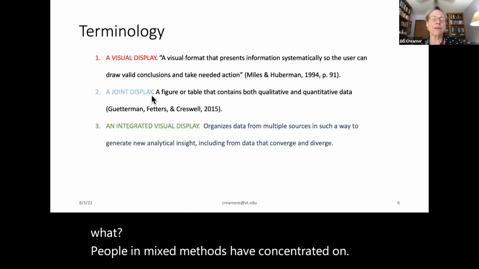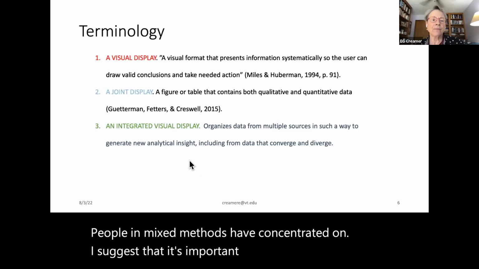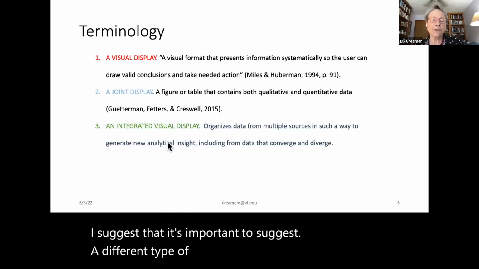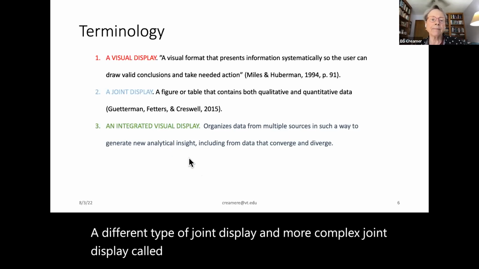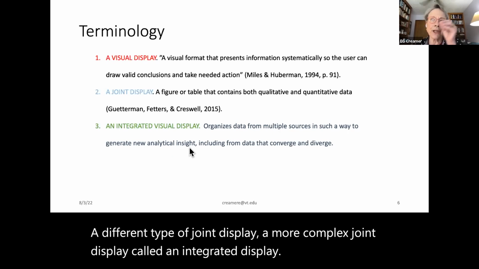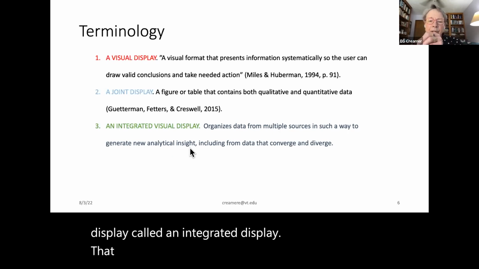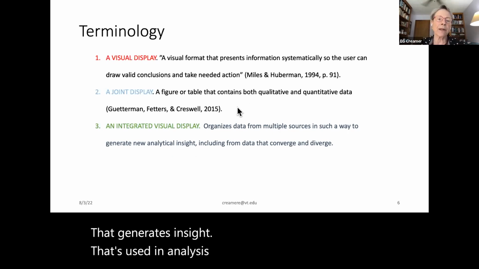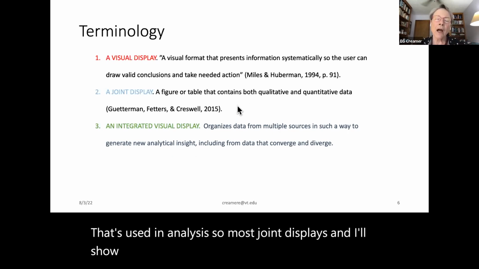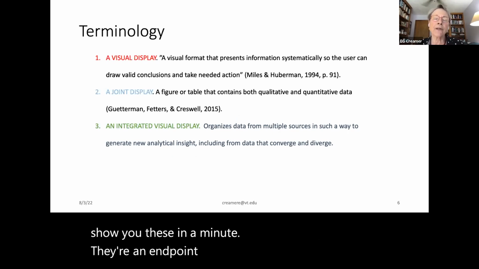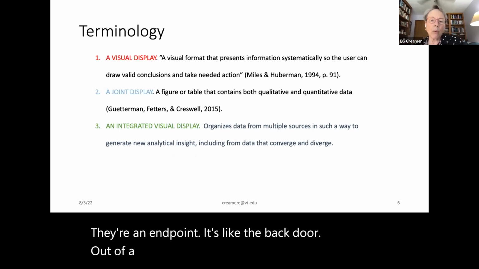I suggest it's important to introduce a different type of joint display, a more complex joint display called an integrated display that generates insight that's used in analysis. So most joint displays, and I'll show you these in a minute, they're an endpoint. It's like the back door out of a study, an endpoint.